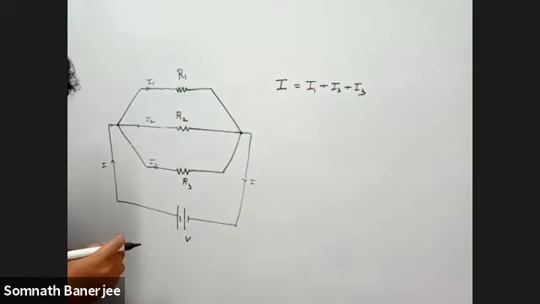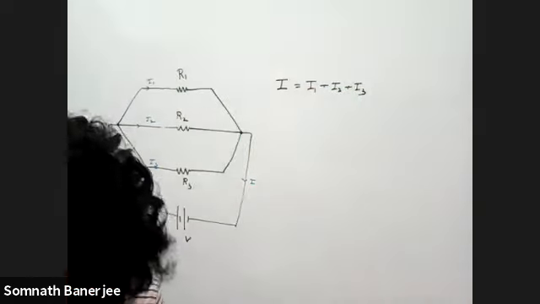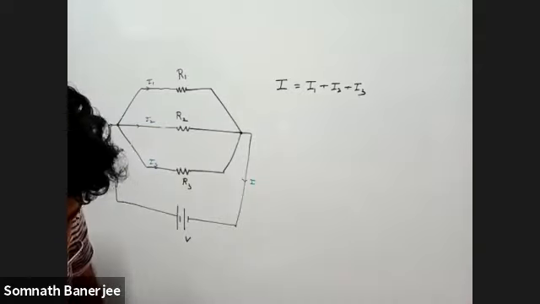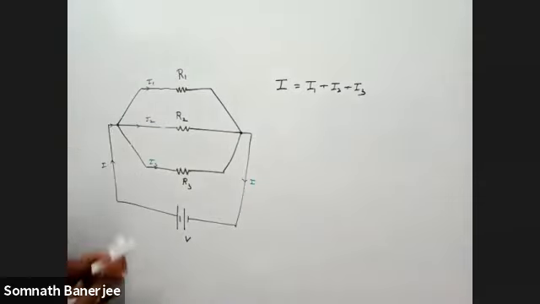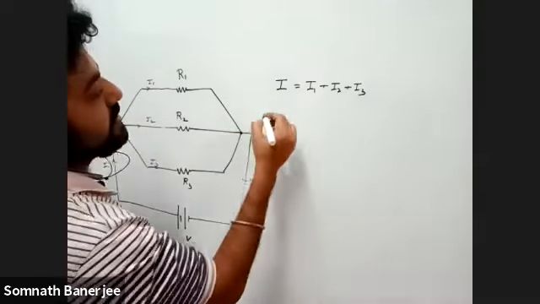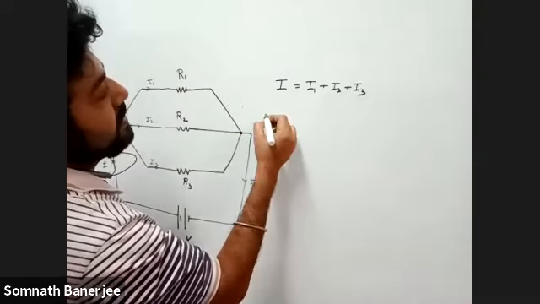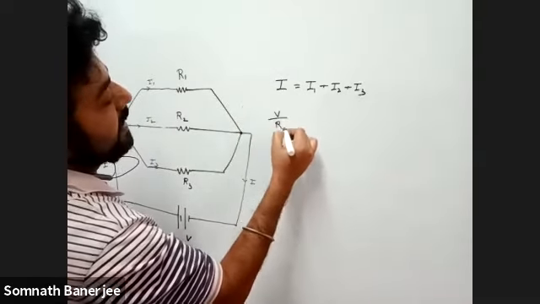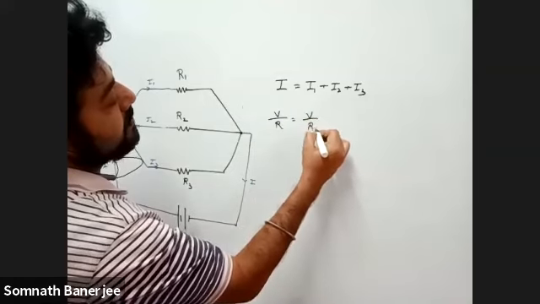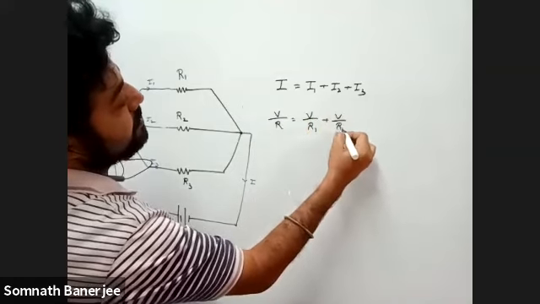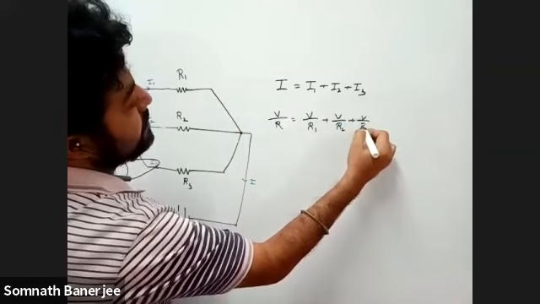Now again, if R is the equivalent resistance, V equals IR, so I equals V by R, that is V by R1 plus V by R2 plus V by R3.